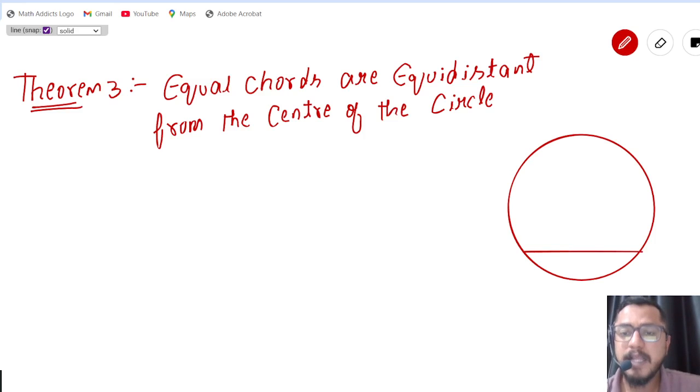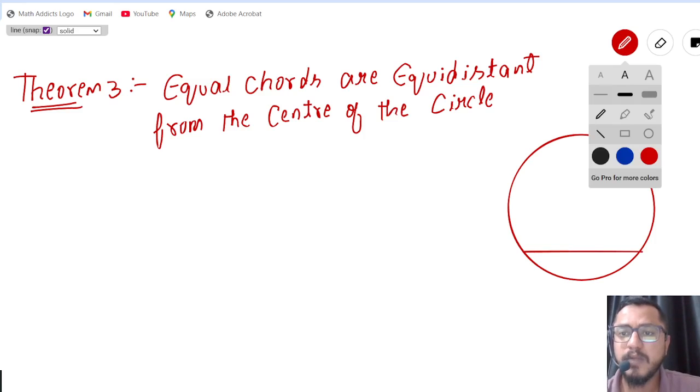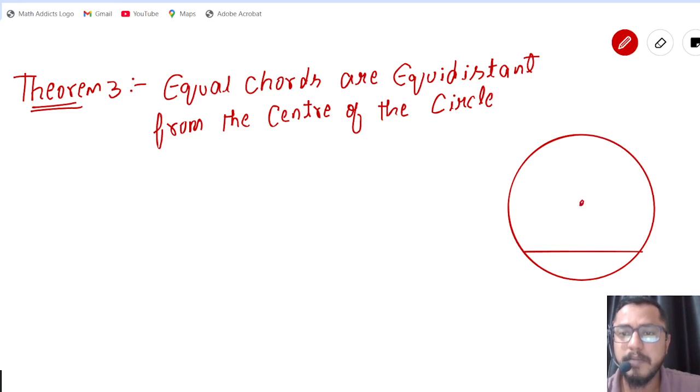Let me consider a circle with center O. Now let AB be the chord. Now understand the meaning of distance of a chord from the center. Pay attention. If you draw some random line like this, you can't call this OP a distance of a chord from the center. Or you can't draw a slanting line like this and call it OQ, the distance of a chord from the center.